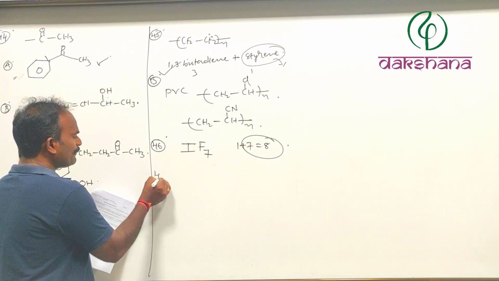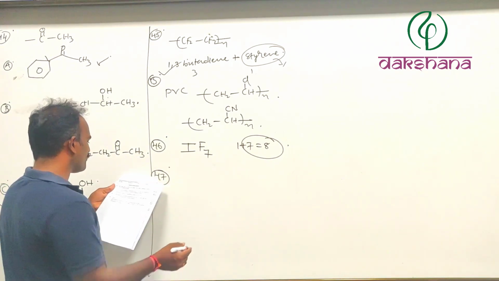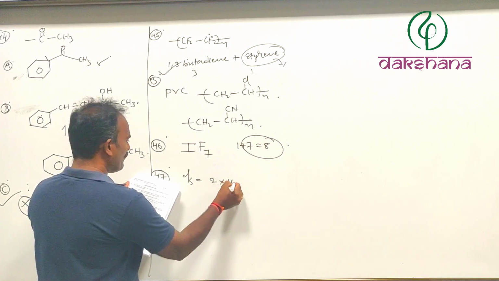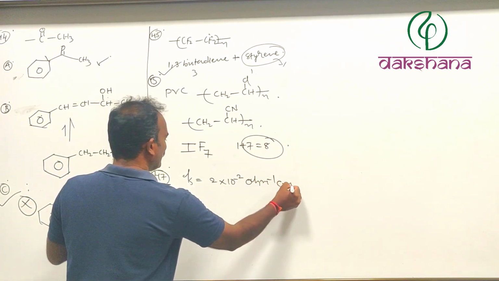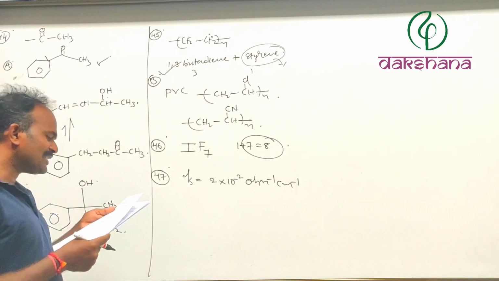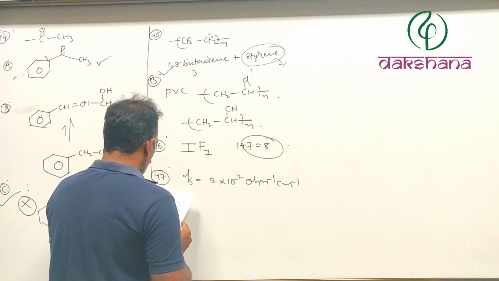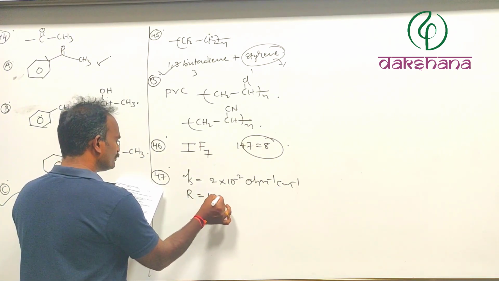Next, question number 47. The specific conductance of a conductometric cell K is equal to 2 into 10 power minus 2 ohm inverse centimeter inverse. What will be the cell constant in centimeter inverse when its resistance R is equal to 100 ohm?